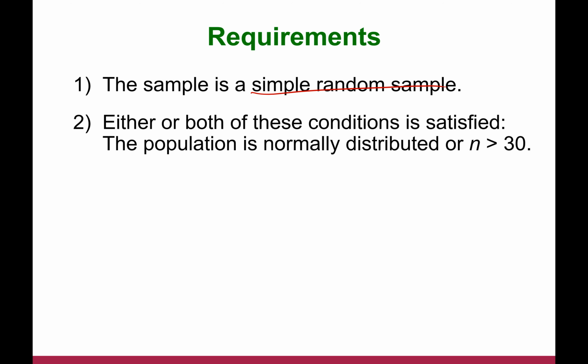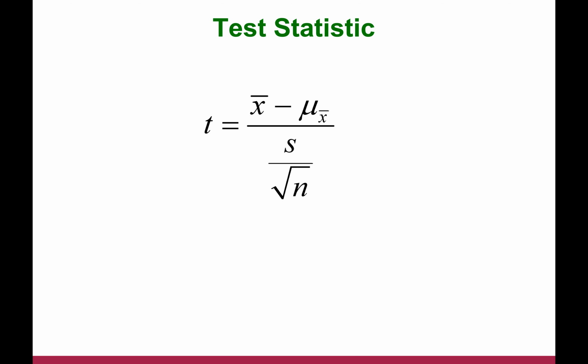Requirements to perform the hypothesis testing using a Student t-distribution: both of these conditions must be satisfied, either the population is normally distributed or the sample size is greater than 30. The test statistic, t, equals the sample mean minus the population mean, divided by the sample standard deviation over the square root of the sample size.